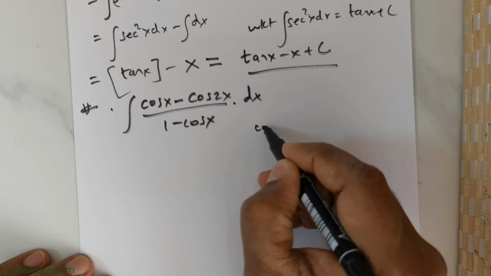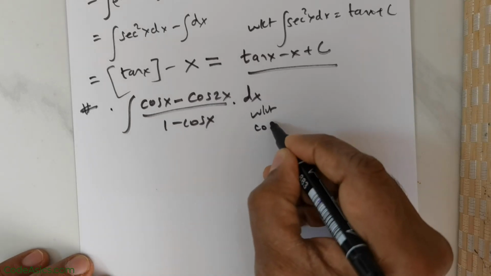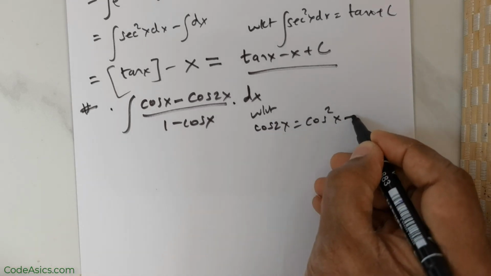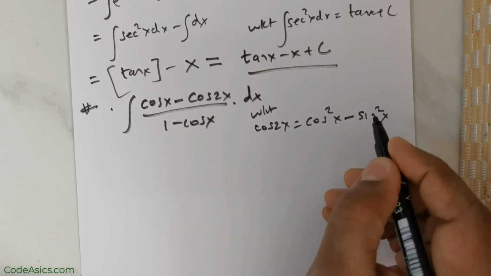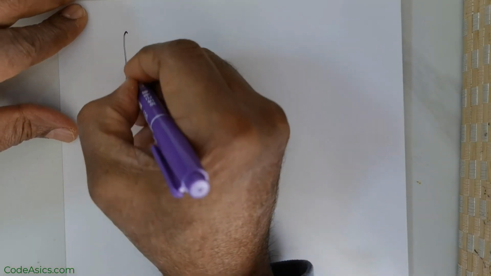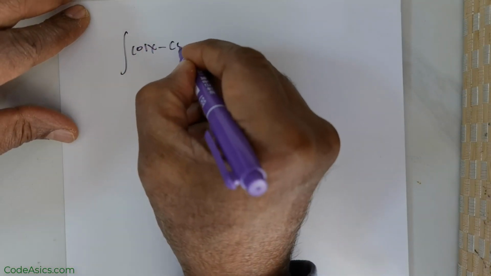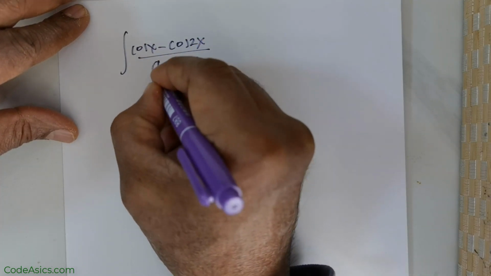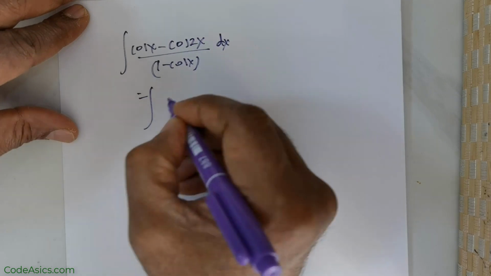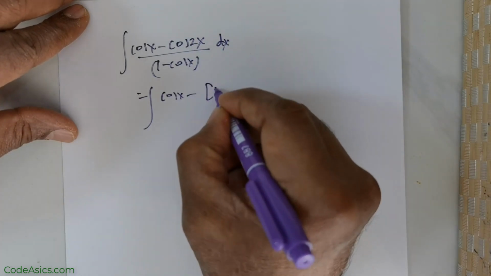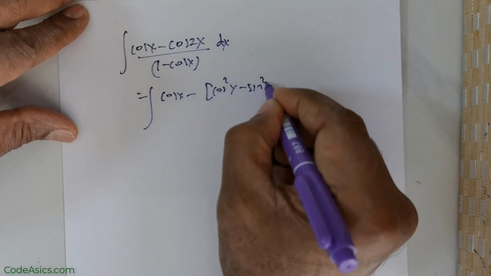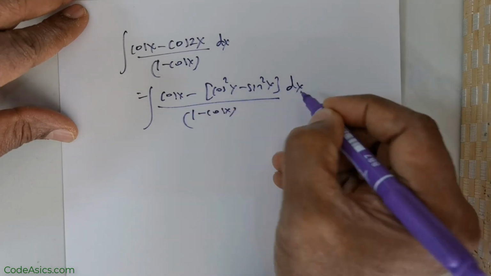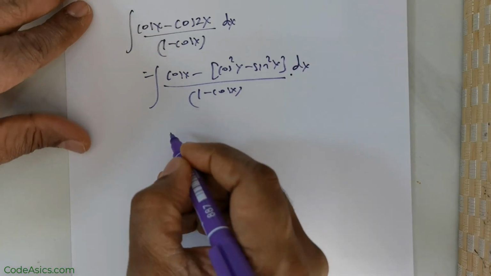Now we know a trigonometric identity. Cos 2x is cos squared x minus sin squared x. This is one trigonometric identity. So using the formula, we can rewrite the integral of cos x minus cos 2x over 1 minus cos x times dx as the integral of cos x minus, this is cos squared x minus sin squared x, divided by 1 minus cos x times dx.